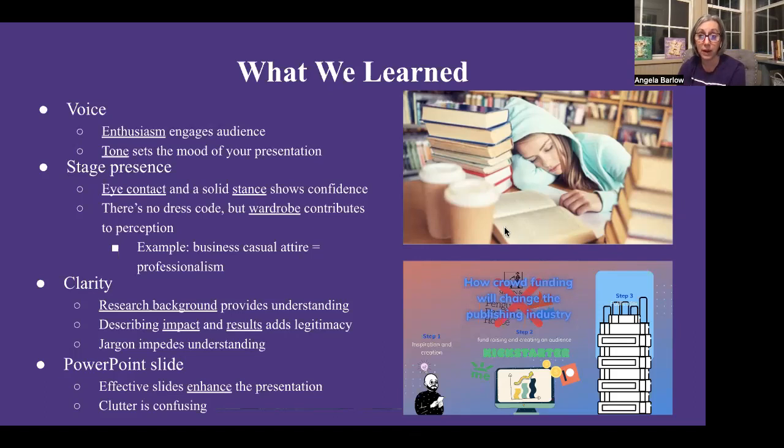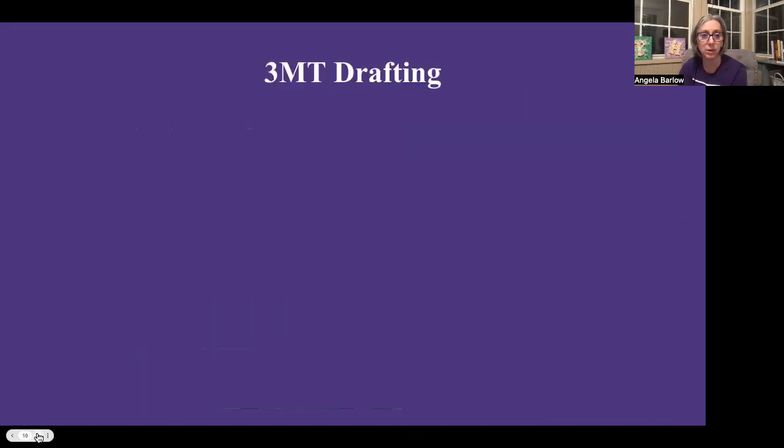But compare that to what Sydney had on her slide, and there's just a lot of stuff going on in there, and it actually becomes confusing and distracting. Whereas the top one is more like, okay, what's going on here? What's happening? I want to hear more to try to figure out how that connects to the presentation.